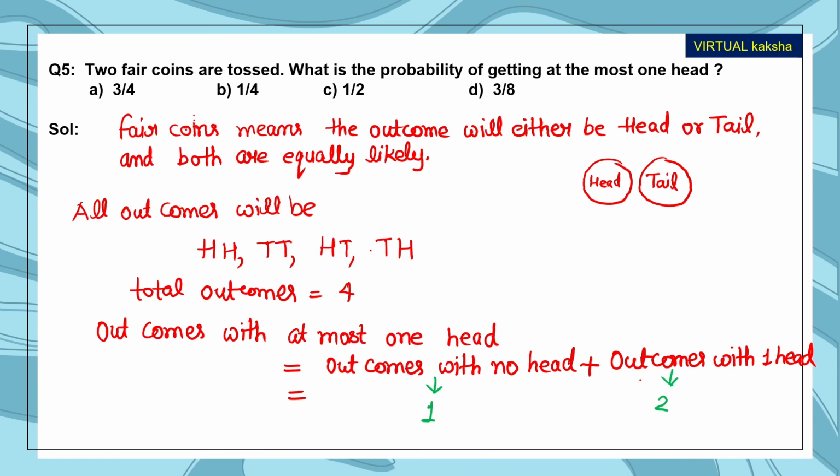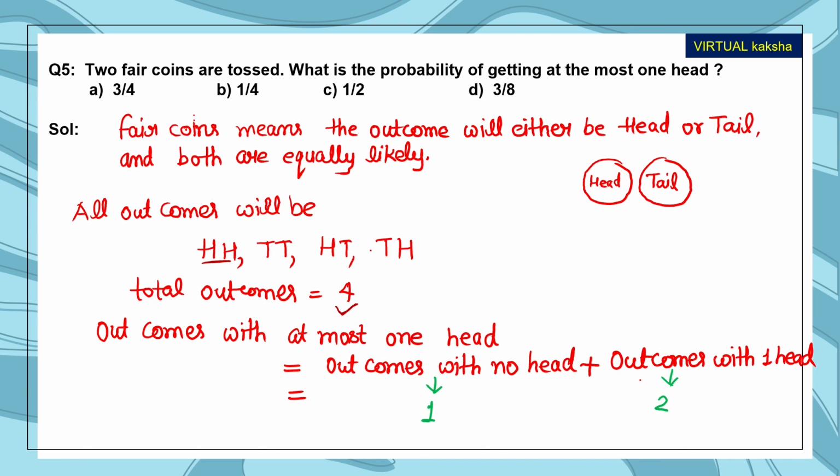It means in a coin, head is located on one side and the other side will be tail. So we can say the total outcomes will be head head, tail tail, head tail and tail head. The total outcomes will be 4 when both coins are tossed.